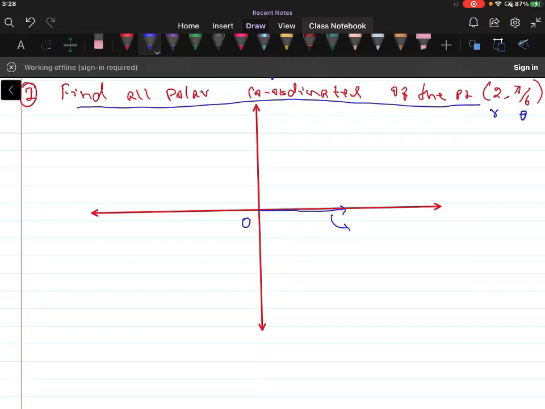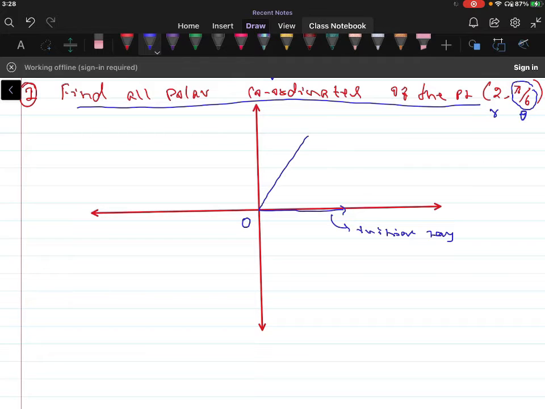This is the initial ray. Draw the ray which makes an angle theta equal to pi by 6 with the initial ray. Pi by 6 is 30 degrees.